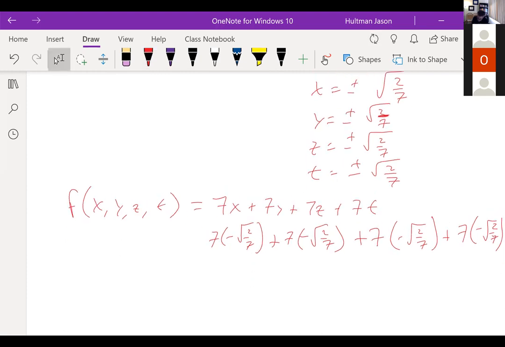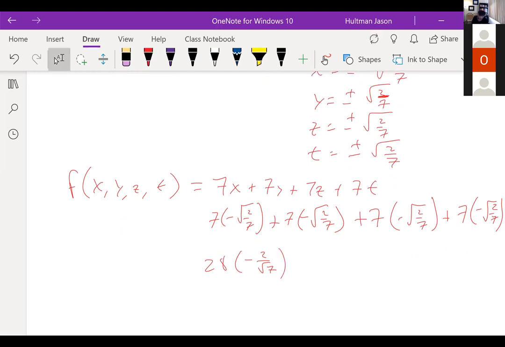Okay. So I know that this is going to be 4 times negative 2 over radical 7, right? Times 7. So this is 4 times 7. We'll just do 28. We could rationalize the denominator. This would become negative 2 radical 7 over 14. Sorry, is that right?